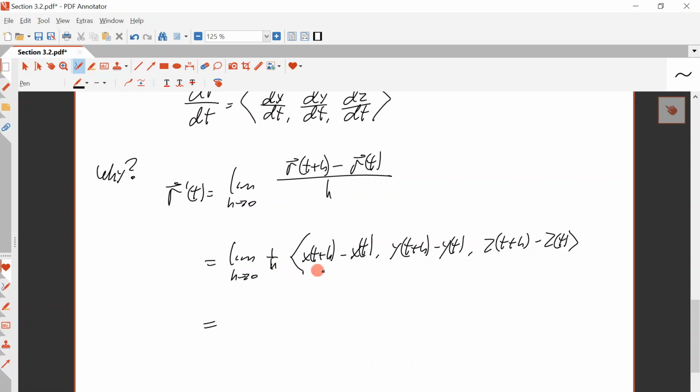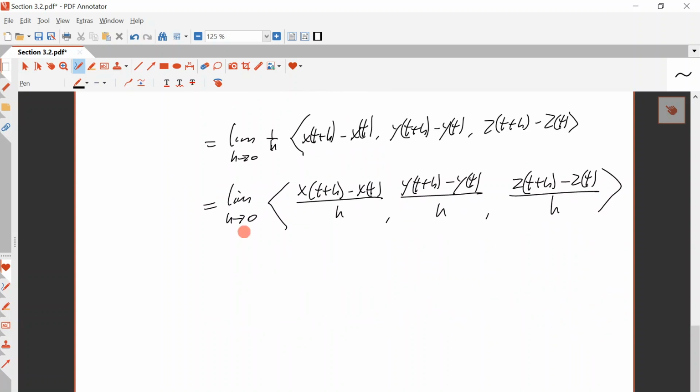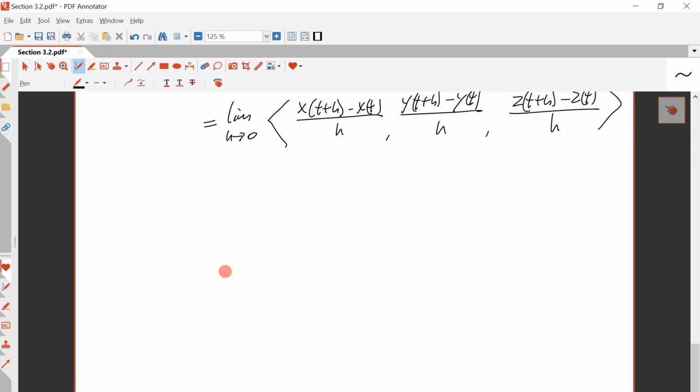Then you can use the scalar multiplier and bring that inside. That's x(t+h) minus x(t) over h, y(t+h) minus y(t) over h, and z(t+h) minus z(t) over h. And as h goes to 0, this is dx/dt, dy/dt, dz/dt, or x prime of t, just by definition.